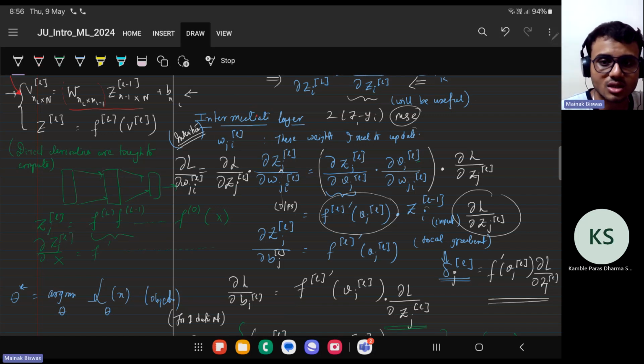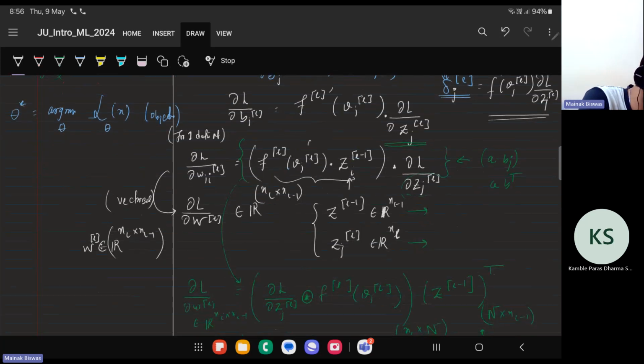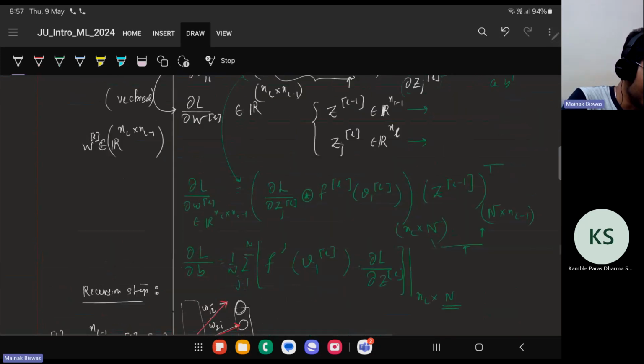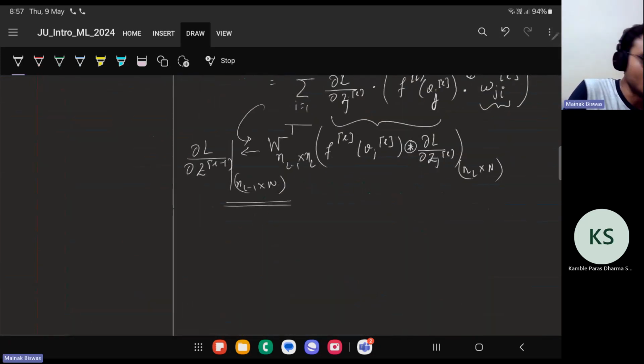This is just for your understanding. So this exactly is your dL/dZ_j, and this is where you give the input to the previous layer.